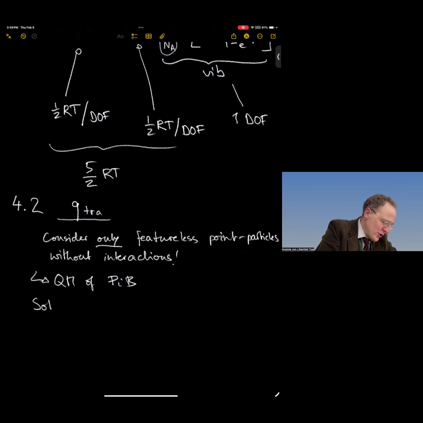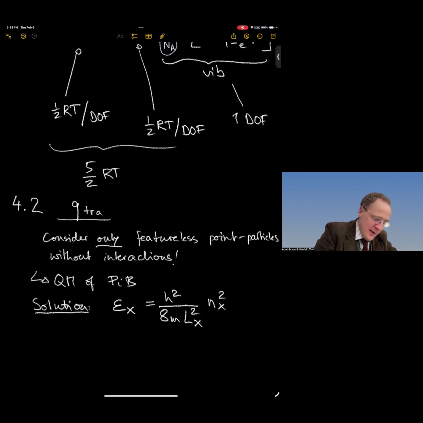So the solution, I will not show you how we get to the solution, but just to remind you, the solution for the eigenvalue in the x dimension is h squared over 8m, the length of the box squared times the quantum number nx squared. And this is the 1D particle in the box.